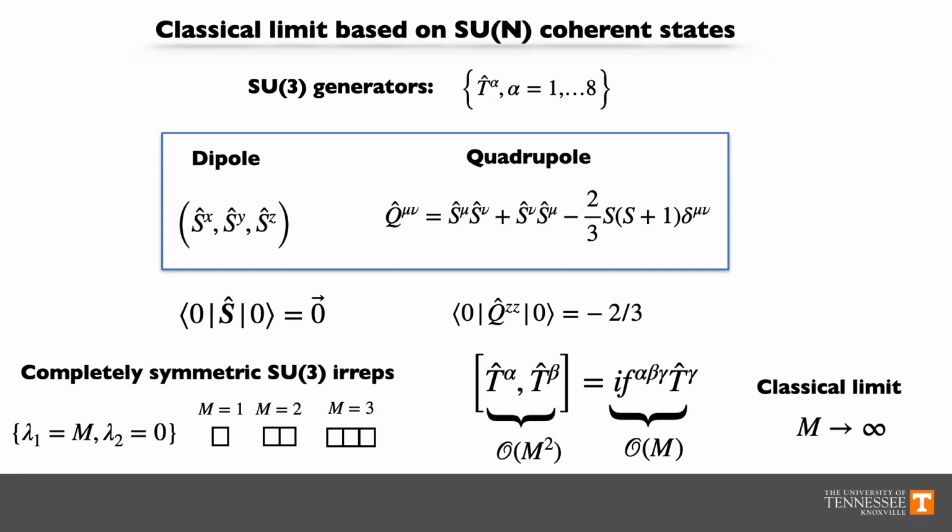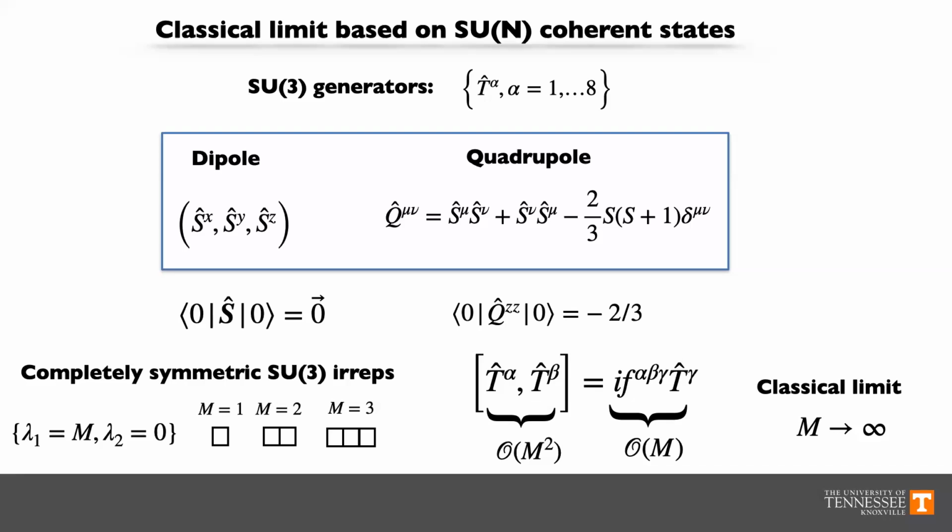What I'm claiming is that if you give me the expectation values of these 8 Hermitian operators, I can tell you what the ket is, what the coherent state is. So there is a one-to-one correspondence between the 2 things. It's like the Heisenberg picture versus the Schrödinger picture in the classical limit.